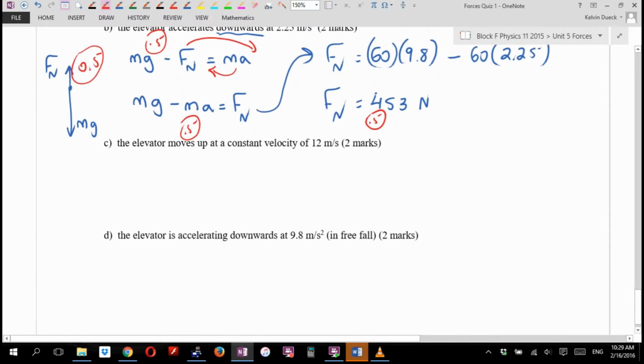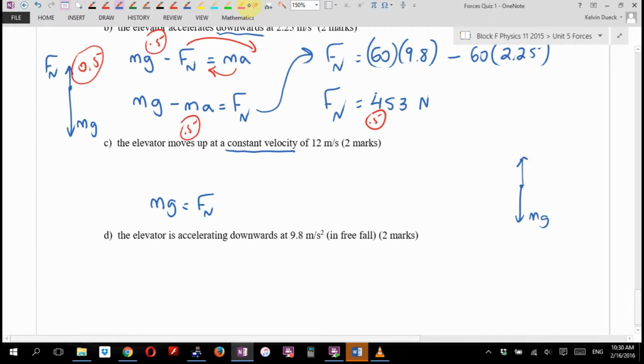Part C. What's the key phrase in Part C? What's that really telling me? If you want to, you can realize it's going to be gravity equals the normal force. There's no acceleration. Now, if you wanted to prove that, you would say, here's my free body diagram, get the obvious one, gravity, normal force.